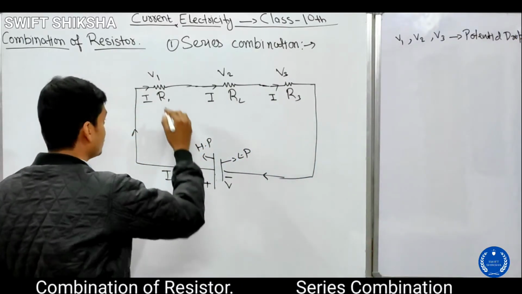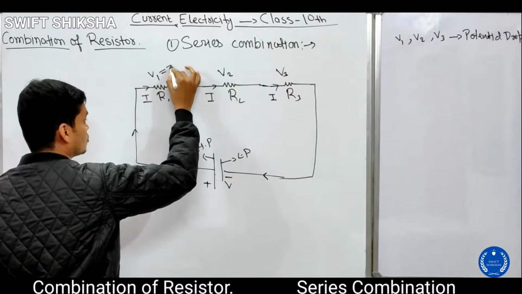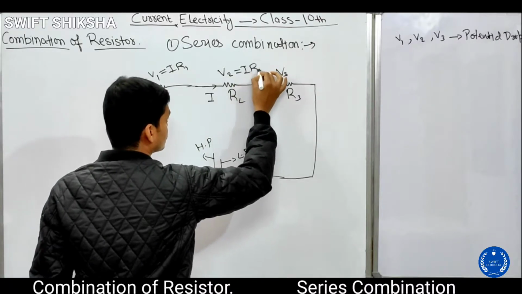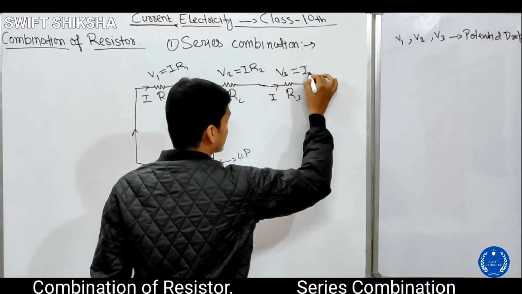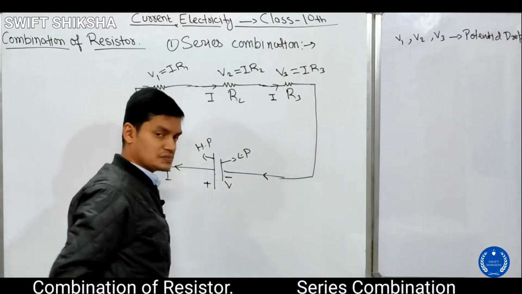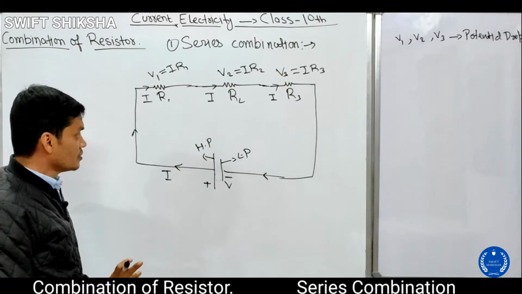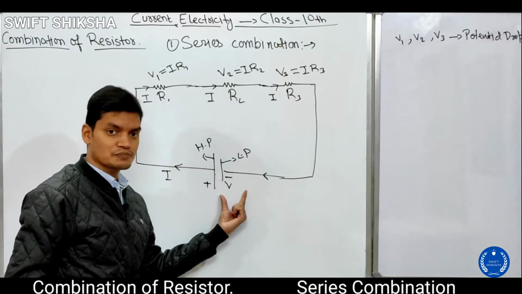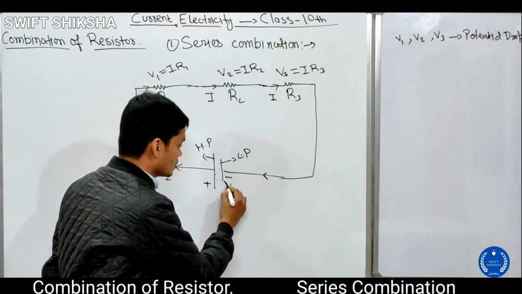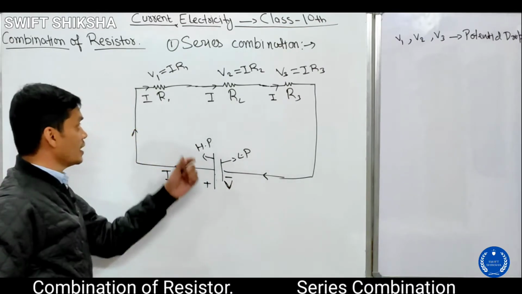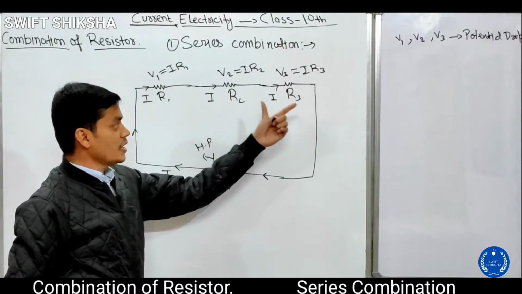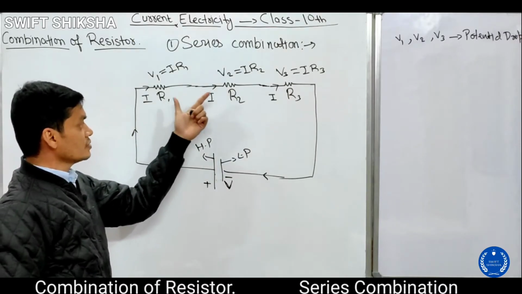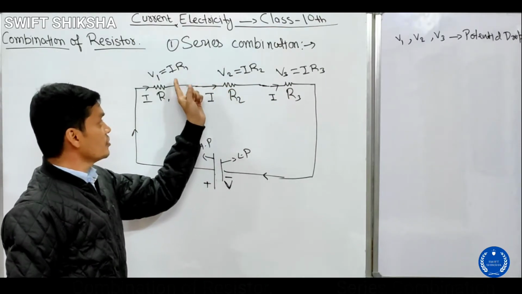And what is the value of V1? Apply Ohm's law here. V1 is equal to I R1, V2 is equal to I R2, V3 is equal to I R3. Clear? Now you apply potential V here. But at resistor R1, R2 and R3, there are some potential drops, V1, V2, V3.